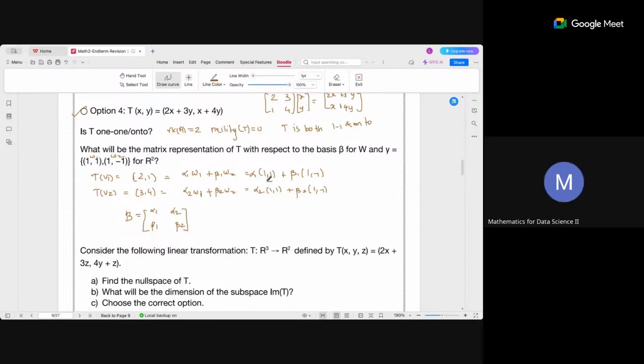Finding these is just solving a system of linear equations. Can I leave it to you as homework? Yes, ma'am. Find alpha 1, beta 1, alpha 2, beta 2. This is a simple homework for you.